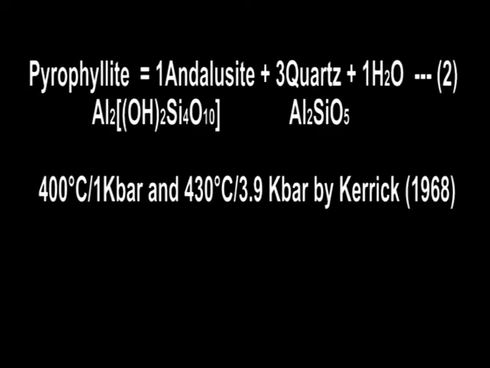A certain rise in temperature has no effect on the stability of pyrophyllite, but strongly before the beginning of the hornblende Hornfels facies, the following reaction takes place: pyrophyllite gives rise to andalusite plus quartz plus water, at 400 degrees centigrade, 1 kilobar and 430 degrees centigrade, 3.9 kilobar, by Carrick in 1968.